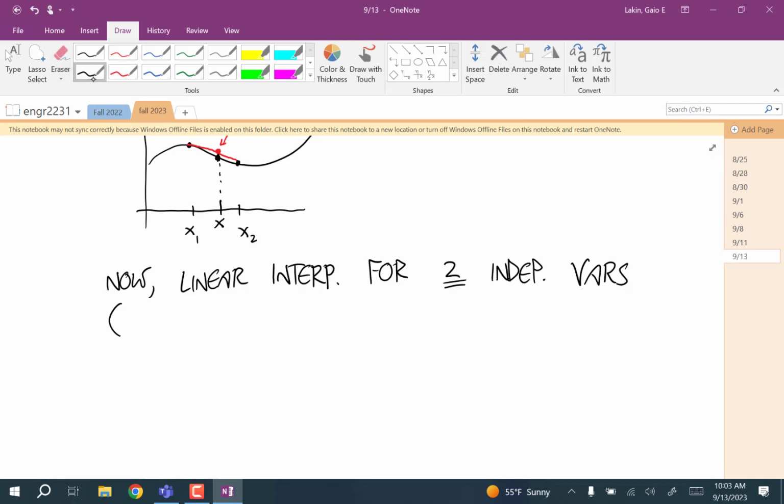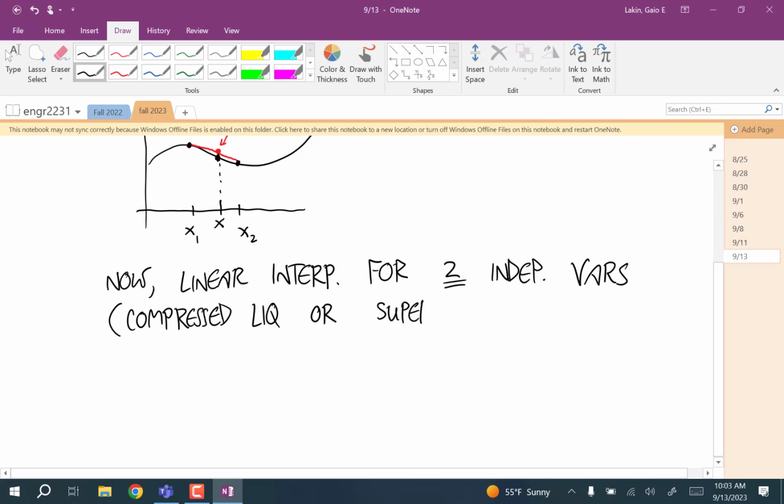Two independent variables we're going to use for a compressed liquid, or a superheated vapor that is away from the vapor dome.